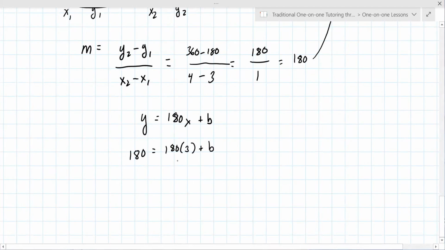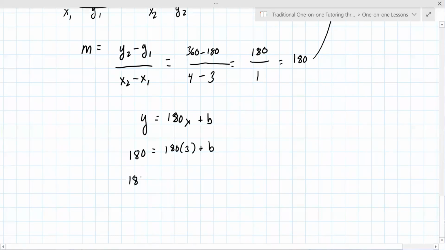What is 180 times 3? You're multiplying. 180 times 3. 540.